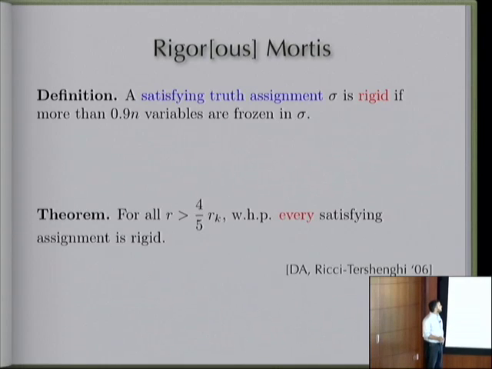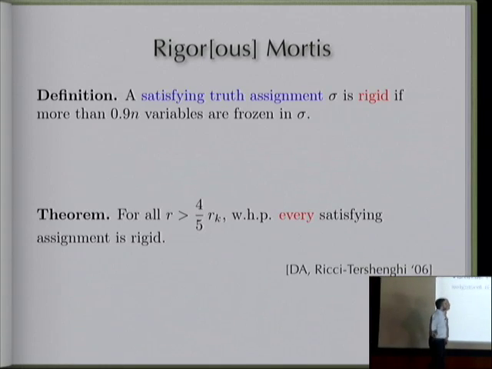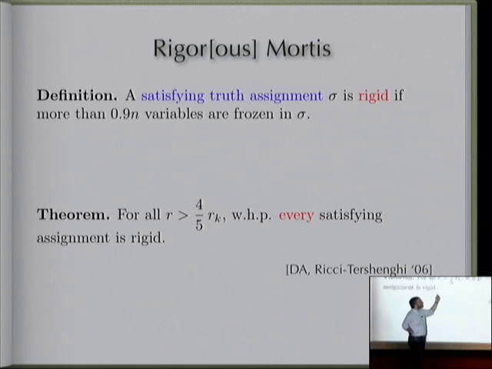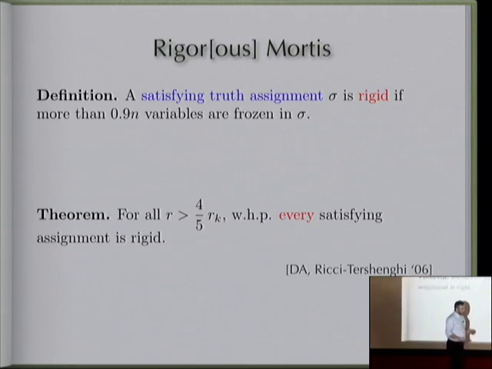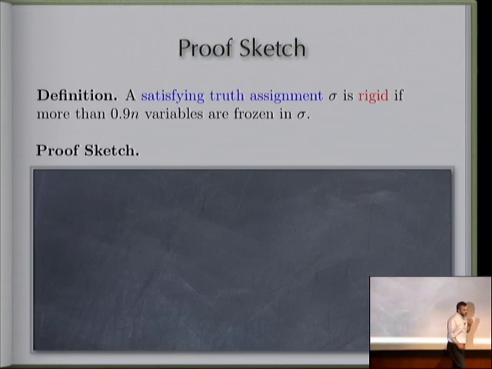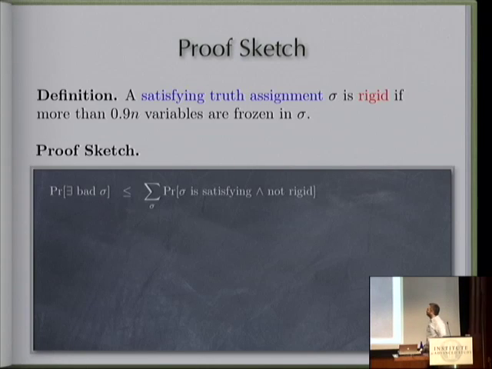And then here's a theorem. For all k greater or equal to 8 or something, if the density is in the last 1/5 of the satisfiable regime, then with high probability, every single satisfying assignment is rigid. So to prove this, here's what you do.